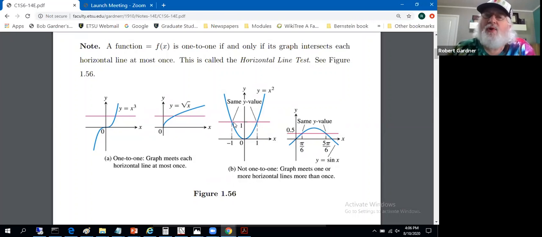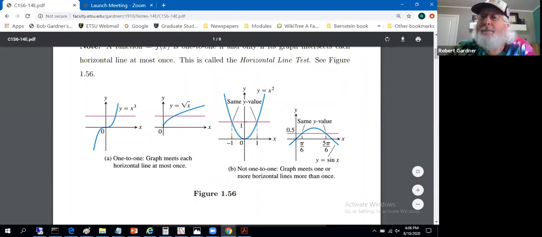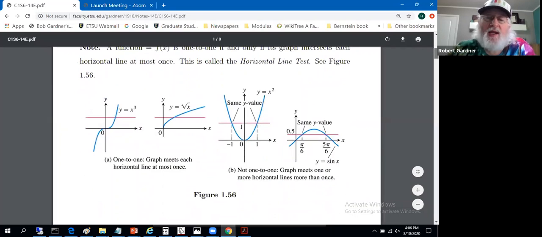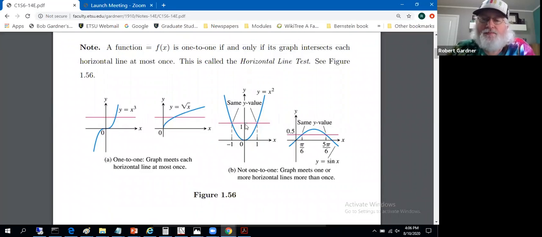So in terms of input and output values, x1s and x2s as described in terms of the definition, this violates that because we put in two different values, x1 and x2, yet we get out the same output value of 1. Both 1 squared and -1 squared are each 1. It's not a one-to-one function.